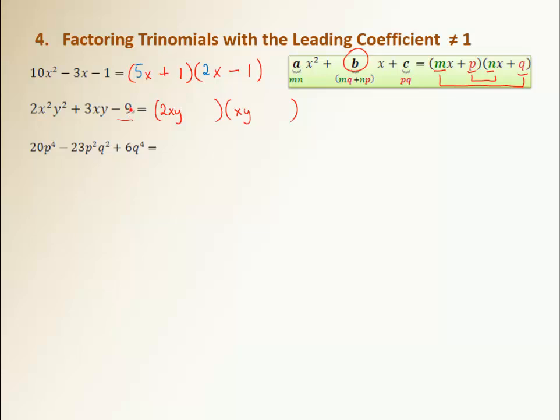And 9 can be split into 1 times 9, 9 times 1, or 3 times 3. Let's see which one will work. Keep in mind that we are fighting for obtaining the middle term to be 3, which means this product and that product of inside numbers and outside numbers need to differ by 3.